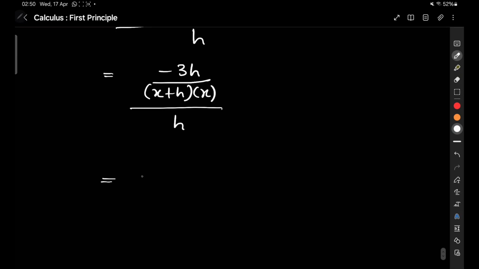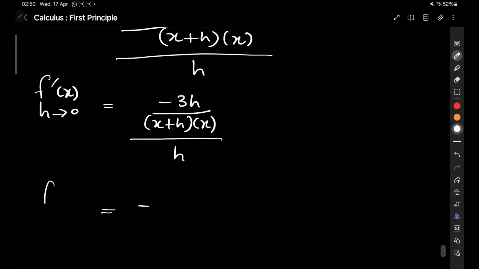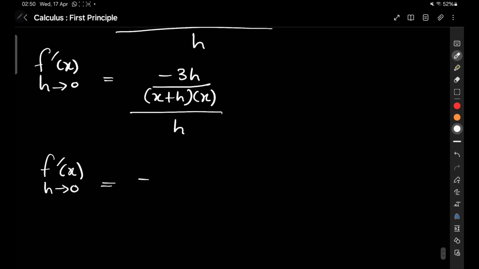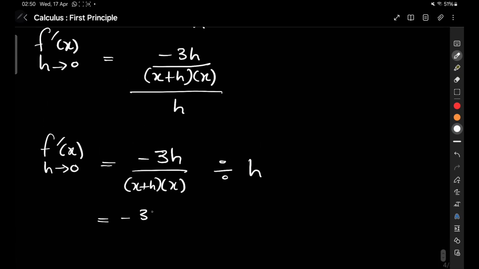So just to make it more simple, let me not forget to carry this every single time. Even here, I'll carry it with. So to make this more simple, I'll rewrite this, and instead of writing down the h there, I'll just say divided by h. And here we'll just flip and multiply, and we're going to have 1 over h.